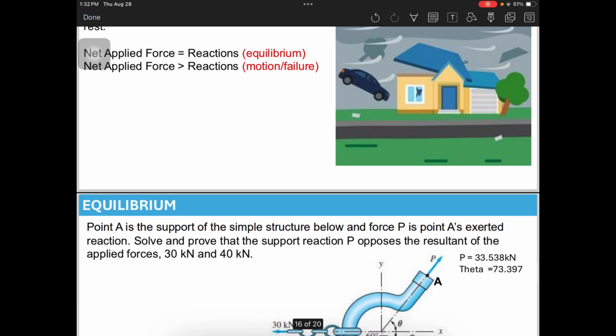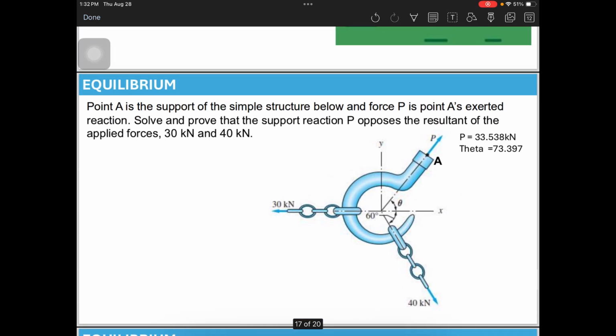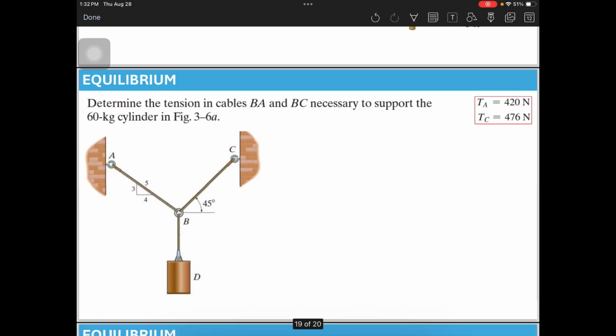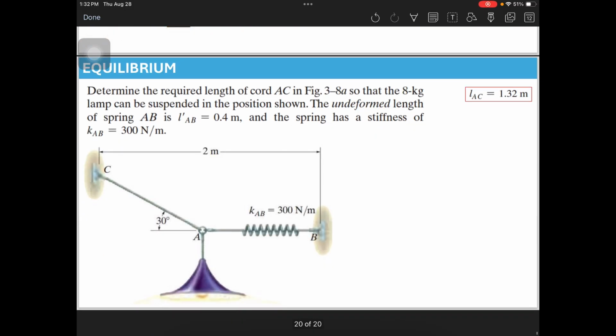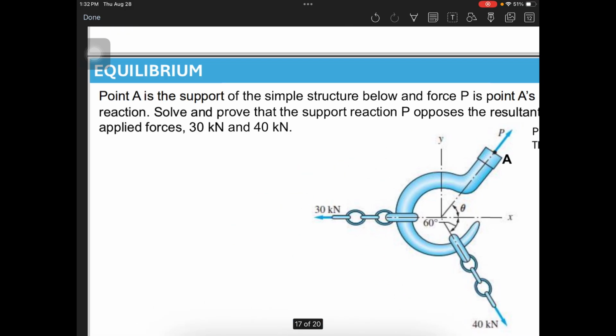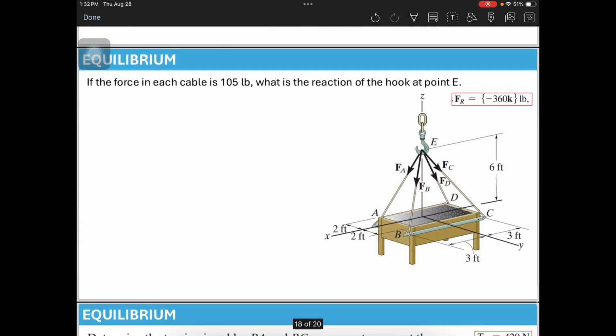So, nasabi na natin, na-discuss din natin yung equilibrium, and we've shown this example. So, na-solve na natin to, no? So, how about kapag 3D? So, let's try solve itong equilibrium ng 3D.